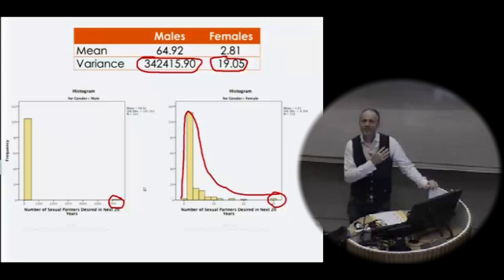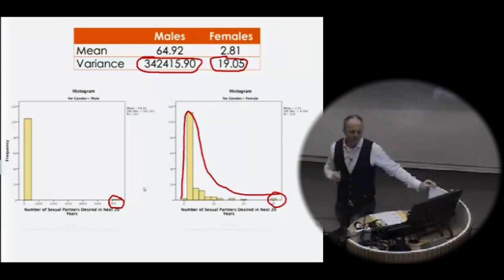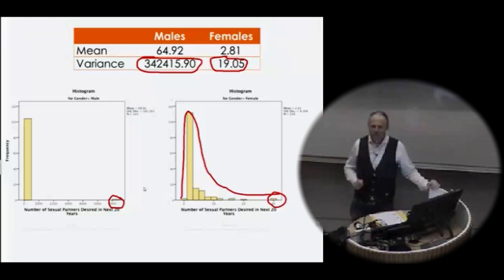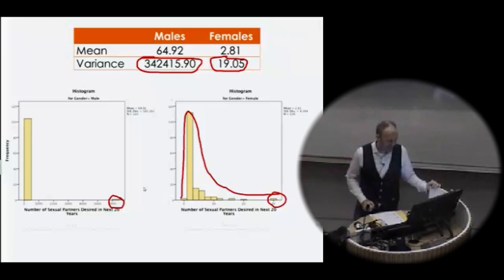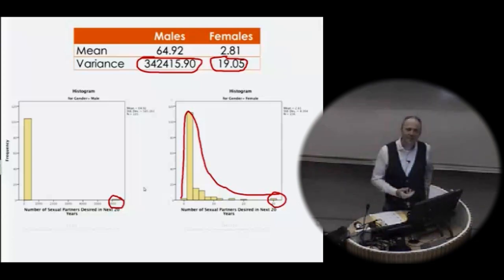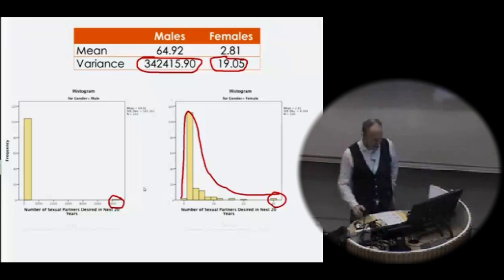You know, variety is the spice of life, but I need to think carefully about how many. 6,000! That should do the job. I think I can die happy if I've had 6,000 sexual partners in the next 20 years. So he's an outlier. He's a strange case in more ways than one.